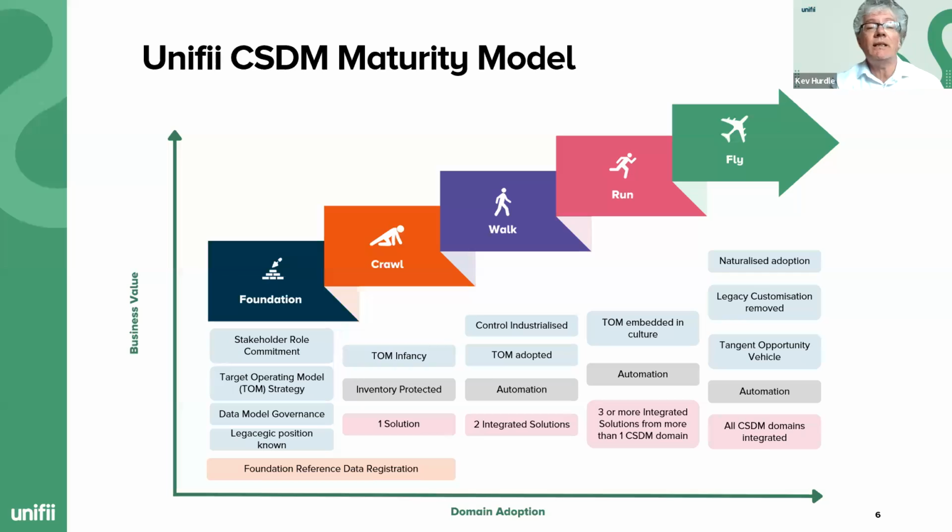Have you implemented a solution and now you're trying to move up that maturity staircase? Or are you midway through? Or do you have particular challenges around trying to adopt a certain solution with CSDM as the underlying structure? So if I could give you 10 seconds or so to make your choice.